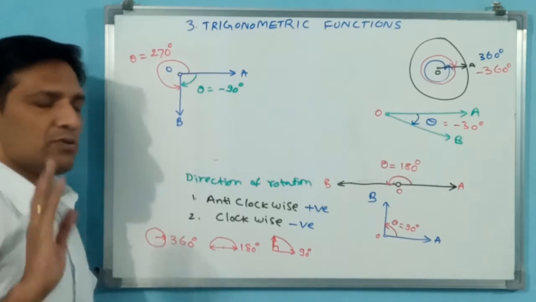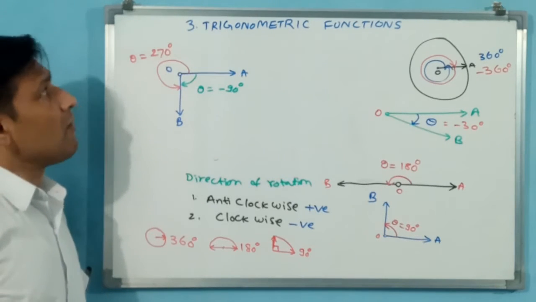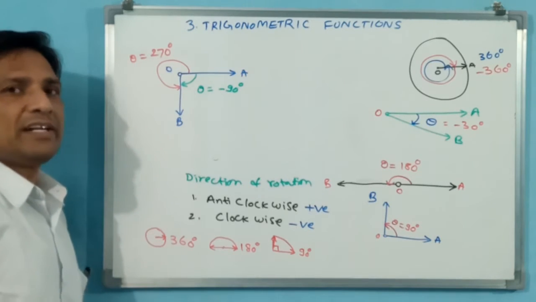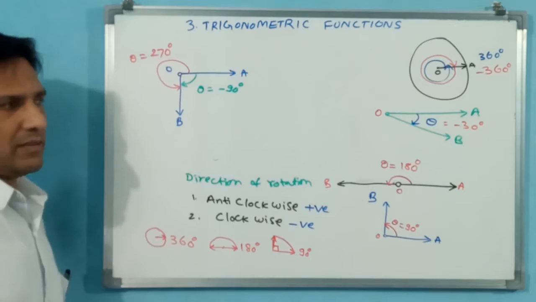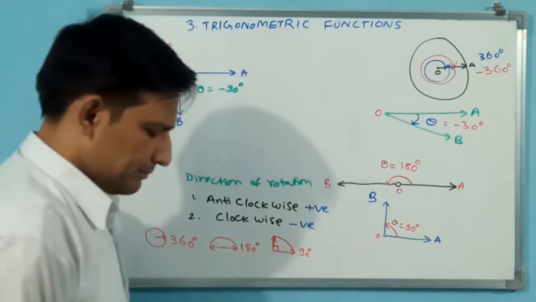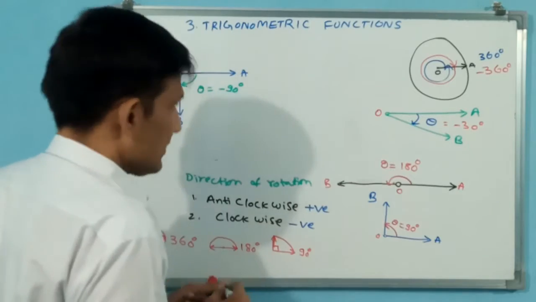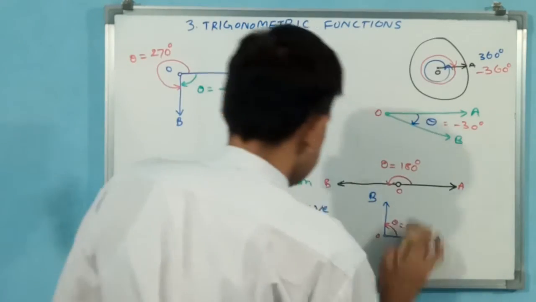Now see, is angle measured only in degrees? No, another measurement is there, that is called radian. What are radians? That also we will see. Let us write radian first.